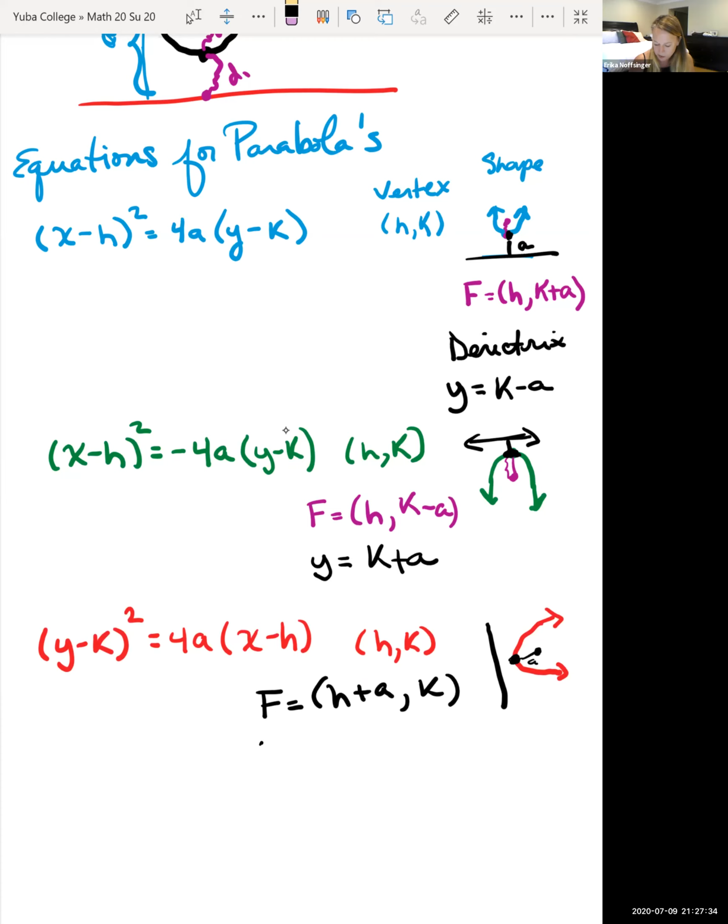Where our directrix is y equals, no, it's not y equals. It's a vertical line, so it's in the form of x equals. Well, here is h, our x value is h, and we're going to subtract a to get to the x value of that line.